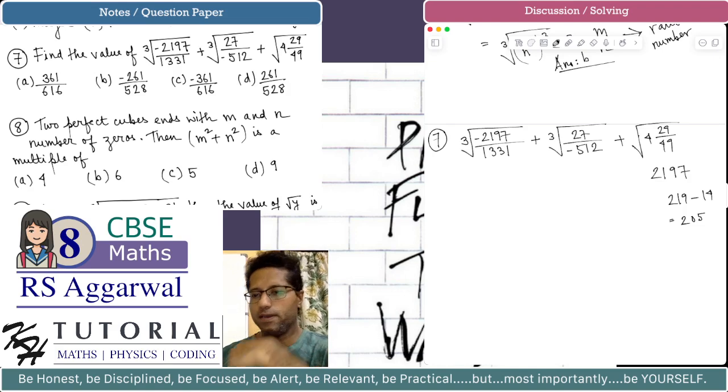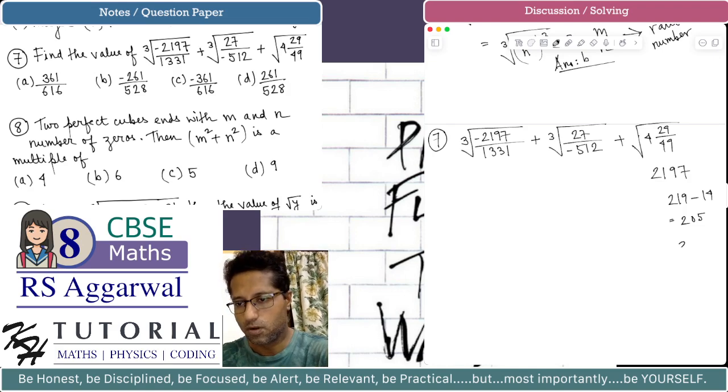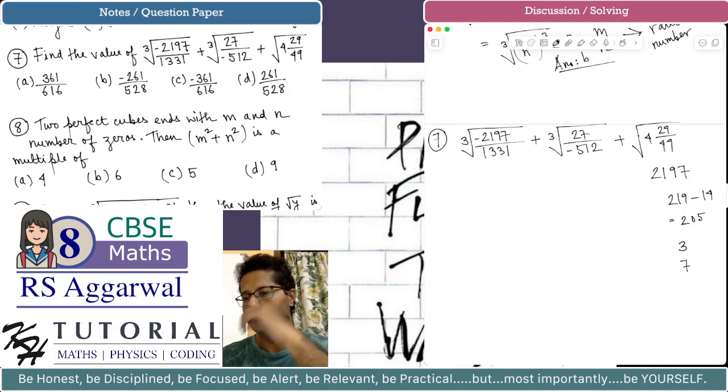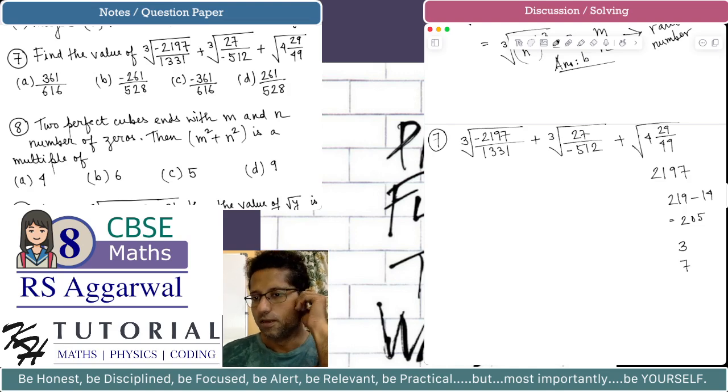Its cube root may end with the digit 3, because cube of 3 is 27, or it can also end with the digit 7, because 7 into 7 is 49, and 49 into 7 ends with the digit 3. So it is for sure that the cube root of 2197 will end with the digit 3 or 7.